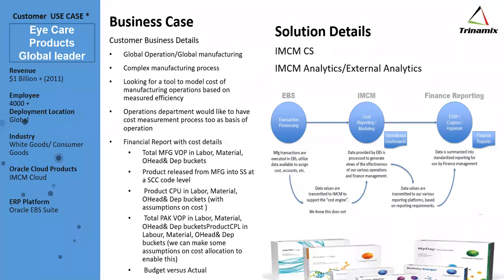So what they're trying to do, they do this lens manufacturing in US, Mexico, UK, and in a few other parts of the globe. And everywhere, the same SKU is made a little different.